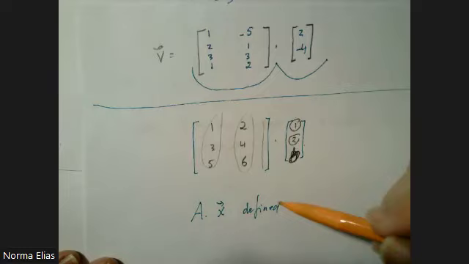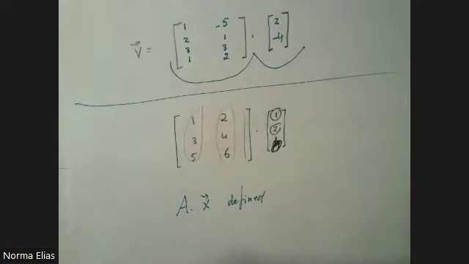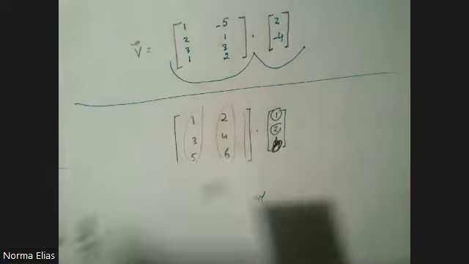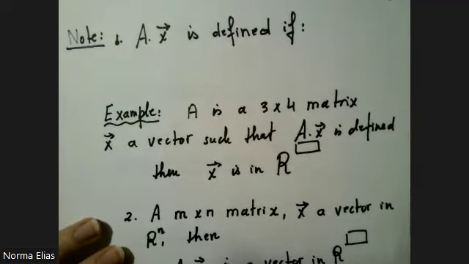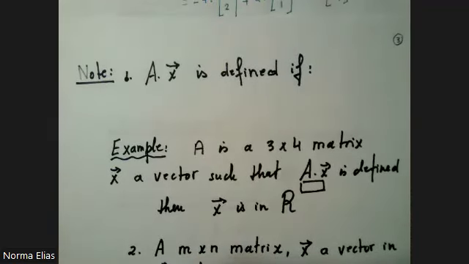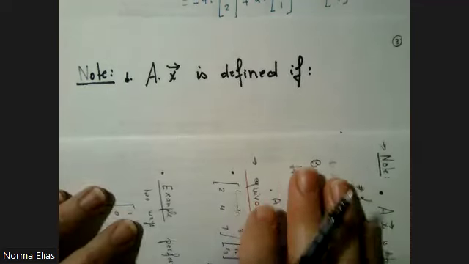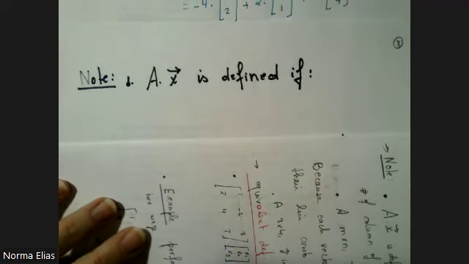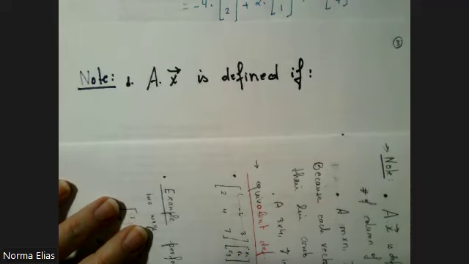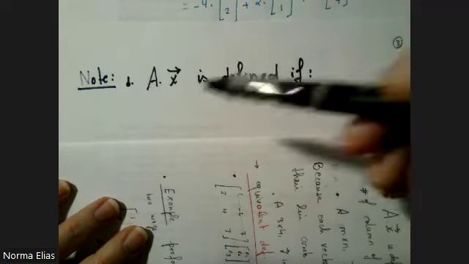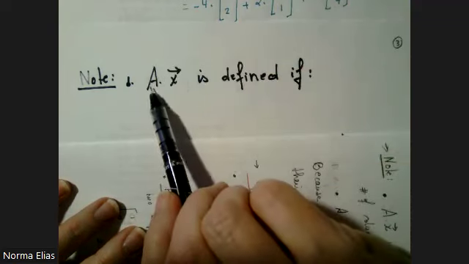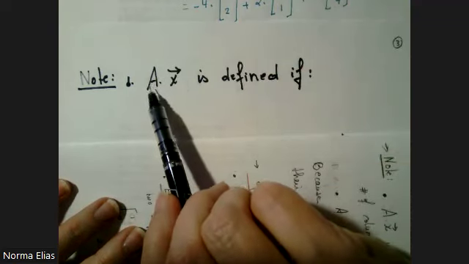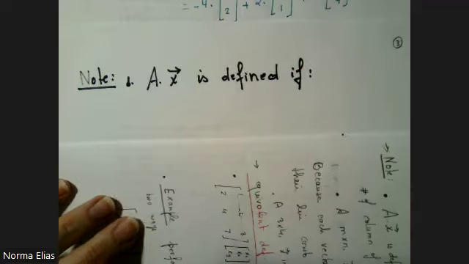So for the product to be defined, what do we need? A times X is defined if anybody can tell me what the condition is going to be. The number of entries of the vector should be equal to the number of columns of A. Otherwise, the product is not defined.